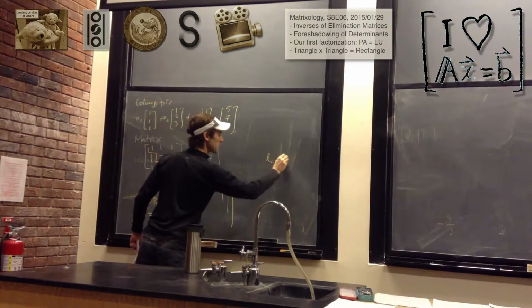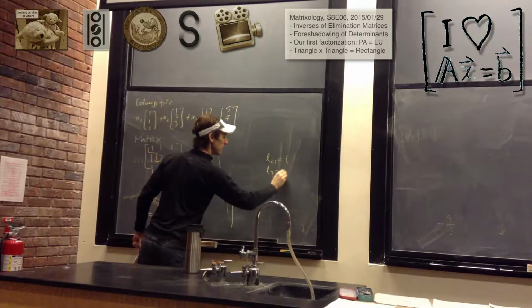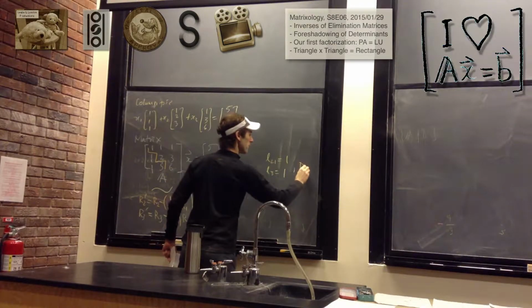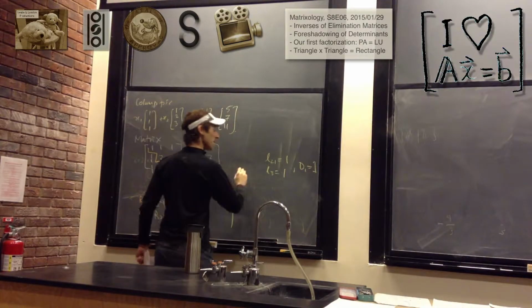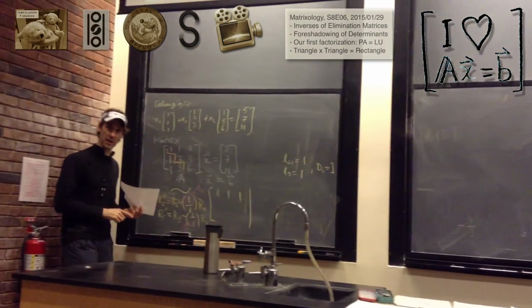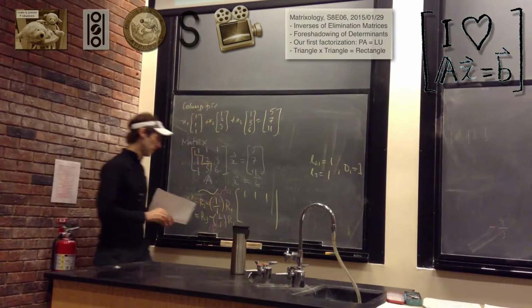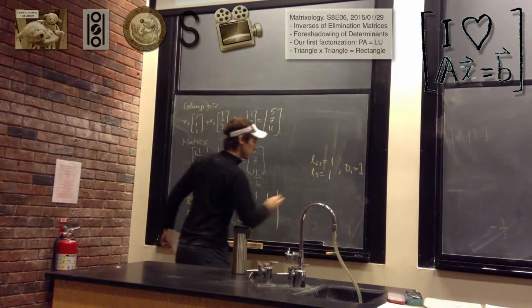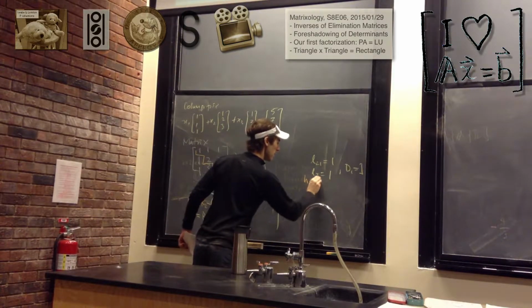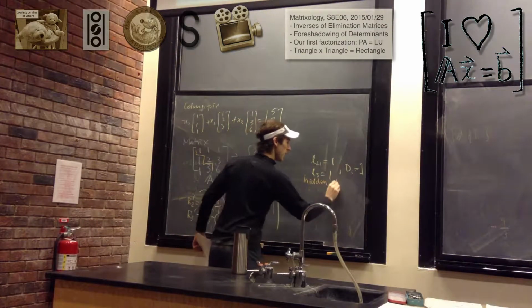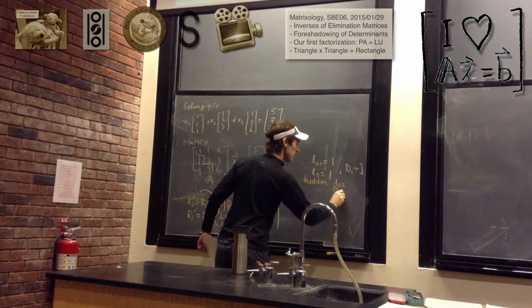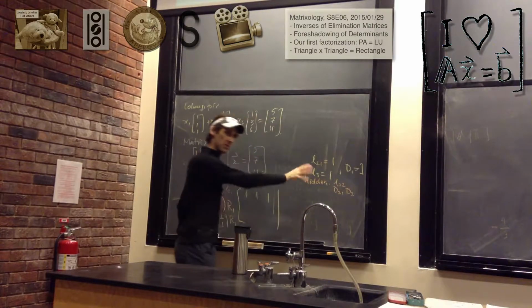So far we have this: L31 equals 1, and the first pivot is 1. That's what we can see so far. We can't see the second pivot or the third pivot. That's really important. So hidden is L32, D2, and D3. You cannot see those things.